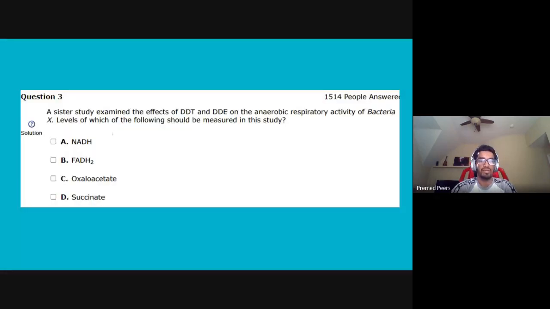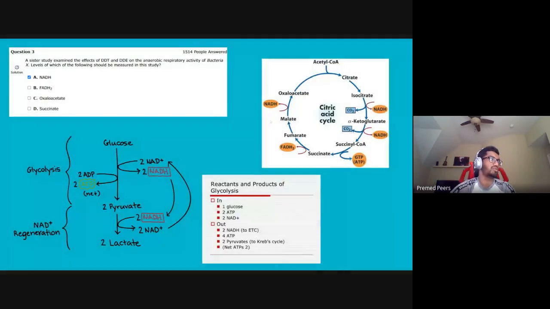All right, would anyone like to take a shot at this question? Okay, so for this question, the keywords here are anaerobic respiratory activity, and that should automatically lead you to a specific couple of metabolites or energy sources and sinks and electron transporters.